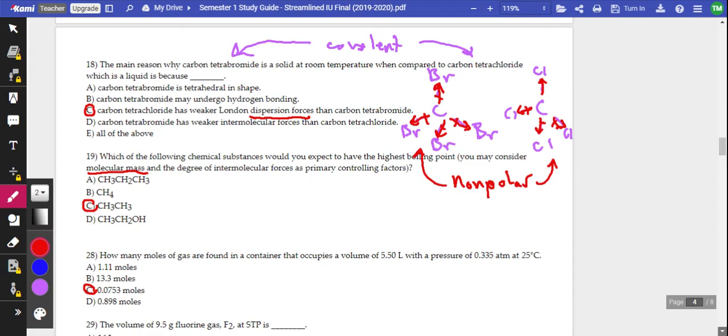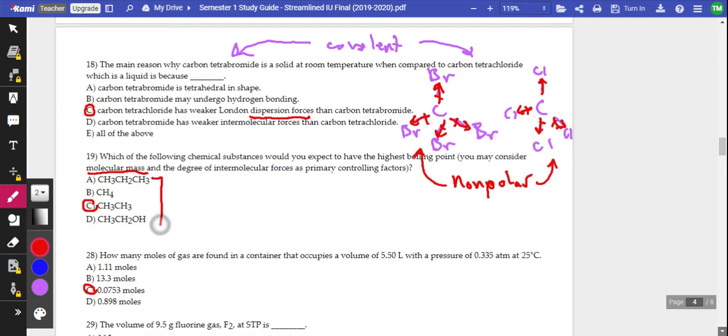So we could just go and say, well, which one of these is the biggest molecule? Well, CH4 is the smallest because it's got the least number of atoms. CH3 is a little bit bigger. It's got another carbon and a couple other hydrogens. CH3 is a little bit bigger than that, and CH3CH2OH is about the same size as the CH3CH2CH3.